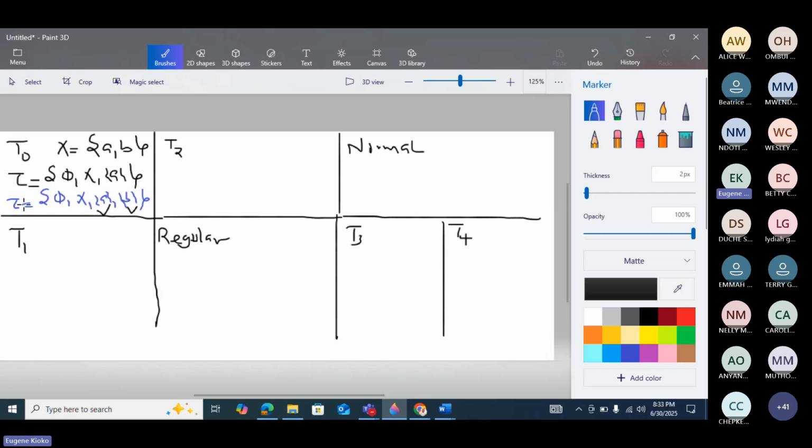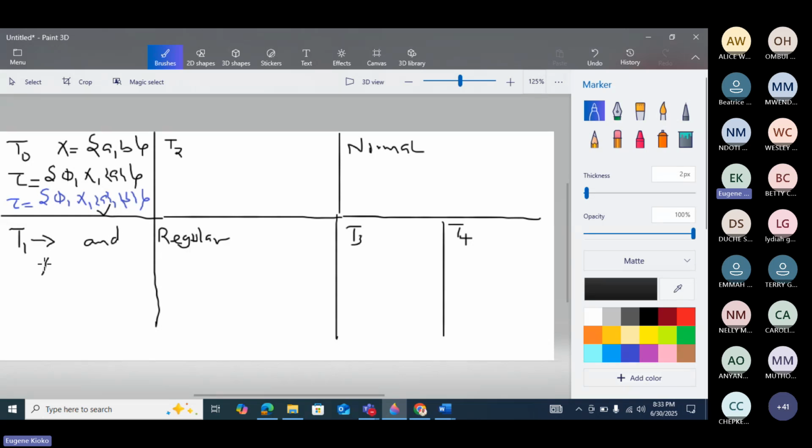We should only have one of them. That's why we normally say the keyword is or: there is a set containing A but not B, or a set containing B but not A. But when you go to T1, it is the same definition, and the keyword is and. They should be both.